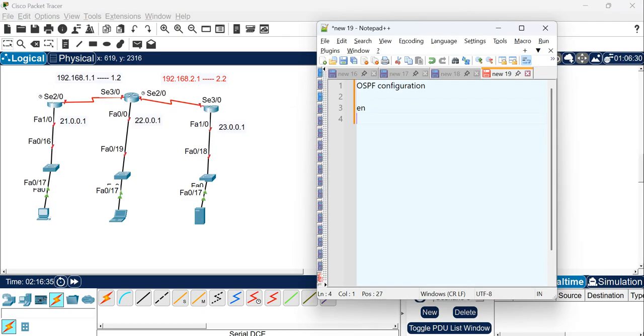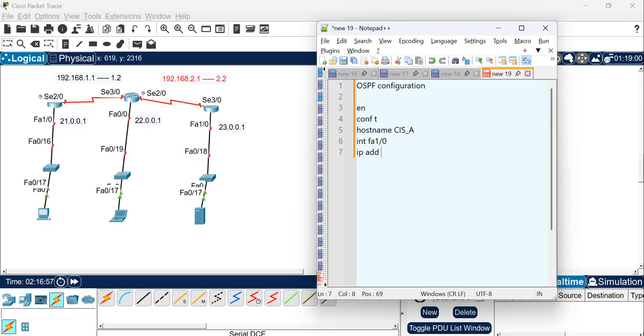So first, enable, configure terminal. Hostname, give me some name. It is CIS2. I'm going to use A. Then interface FA 0/1/0. Perfect.